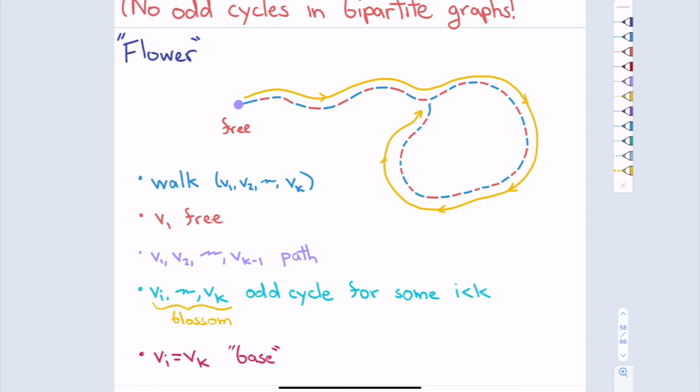This first part is sometimes called the stem of the flower, the beginning. This odd cycle is called the blossom. And then this particular junction point is called the base. I don't know if it's very useful vocabulary, but that's the historical nomenclature.